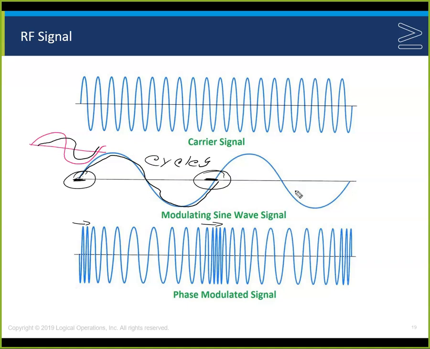Probably nothing that you haven't seen before: cycle and phase, frequency is how many changes per second, amplitude modulation is how far up and down we go. Frequency modulation and phase modulation are not as subject to noise as amplitude modulation. If we had amplitude modulation and we get a lightning strike, it's going to put noise up here, so it's going to change the amplitude.